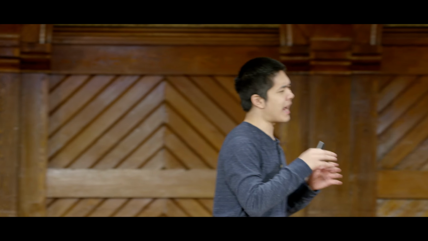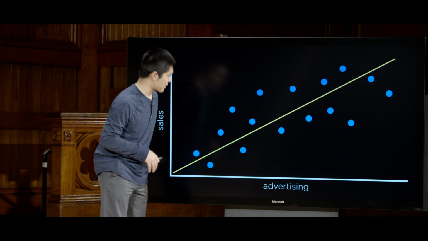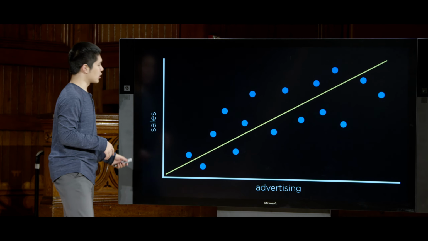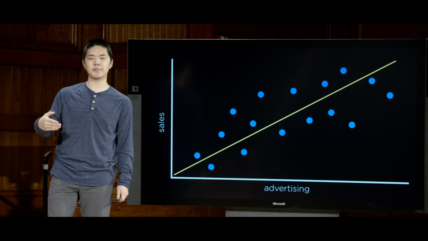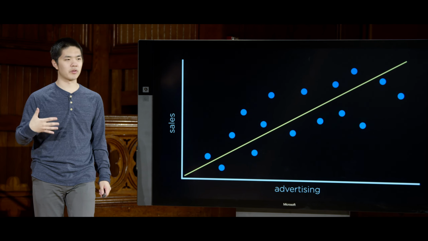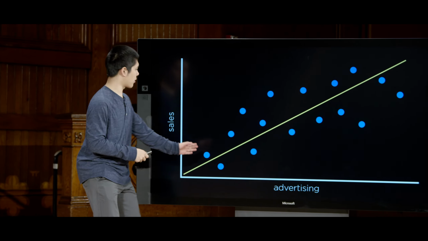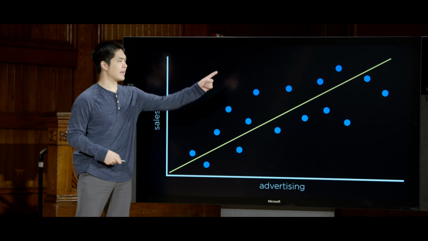So what might this actually look like for our data set? Well, if we go back to this representation, where we had advertising along the x-axis, sales along the y-axis, our line was our prediction, our estimate for any given amount of advertising, of what we predicted sales was going to be. And our L1 loss is just how far apart vertically along the sales axis our prediction was from each of the data points.